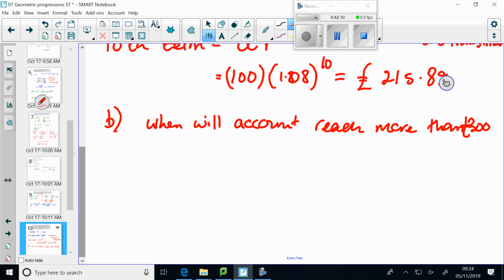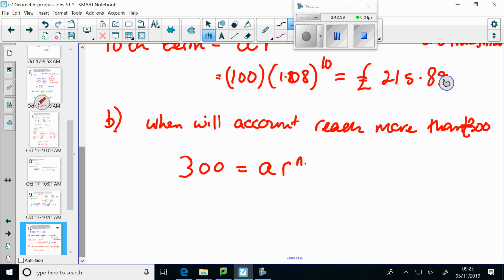Well, we know that this is a particular term. Let's leave the pound sign out. 300 equal to A R to the n. We want to find n.